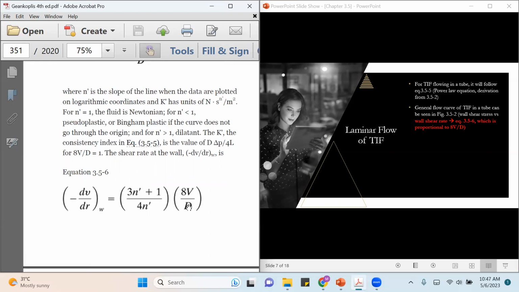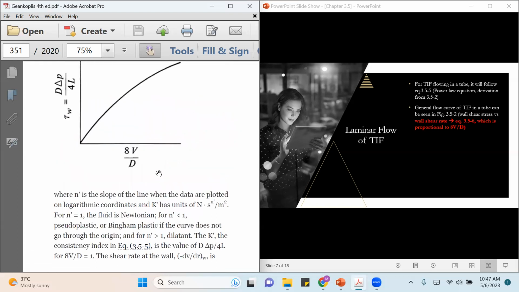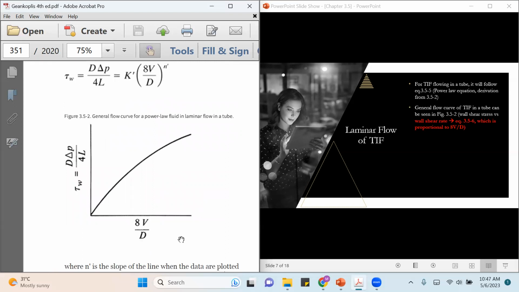The shear rate at the wall can be expressed with this equation. Since this one is a constant, I can say that the shear rate at the wall is proportional to 8V over D, which is what we have here in the graph.